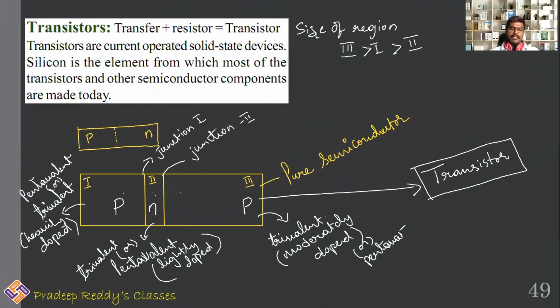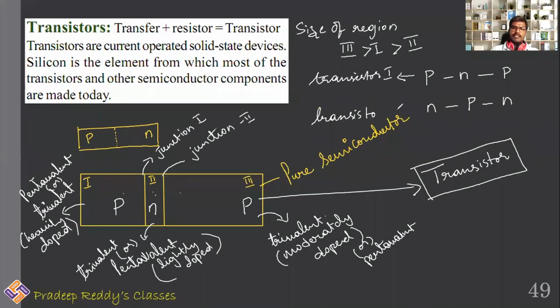But you should make these three regions in such a way that they form either PNP regions or NPN regions. This is the first type and this is the second type of transistor. So there are two types of transistors which can be configured: PNP transistor or NPN transistor.